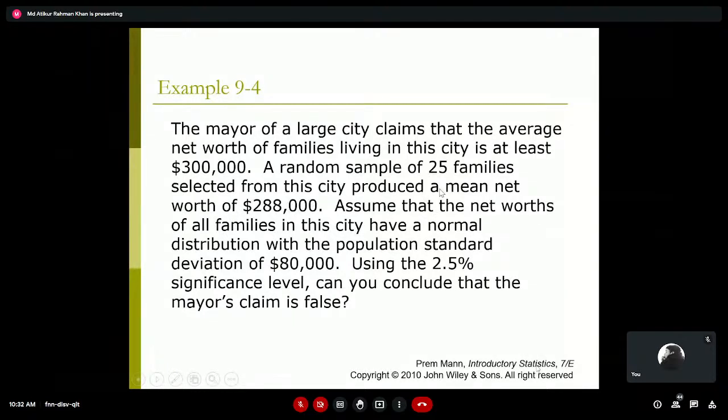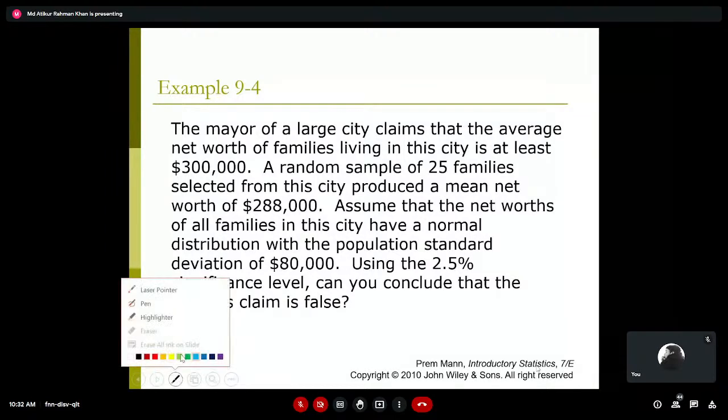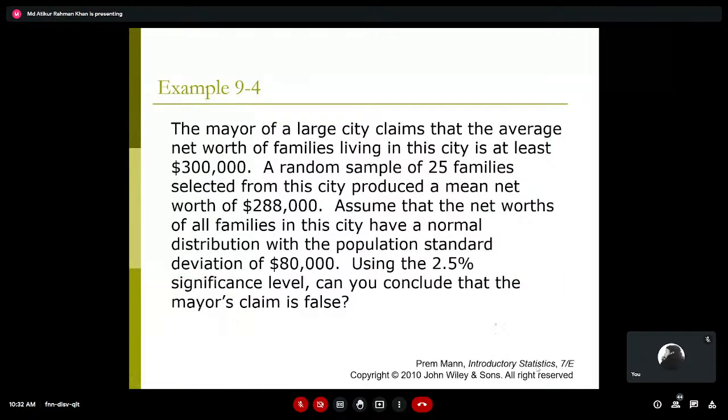After reading up to this point, I can identify key information: n equal to 25, and X bar equal to $288,000.